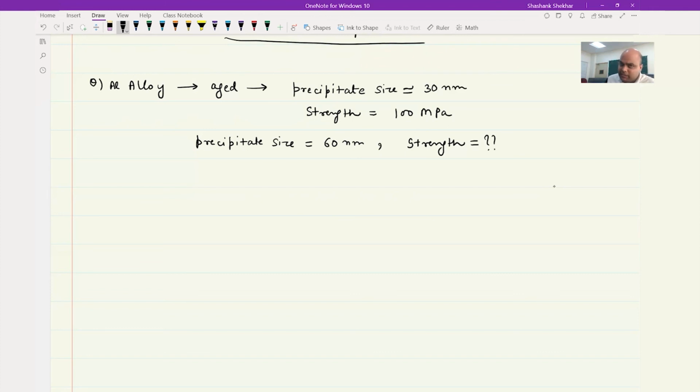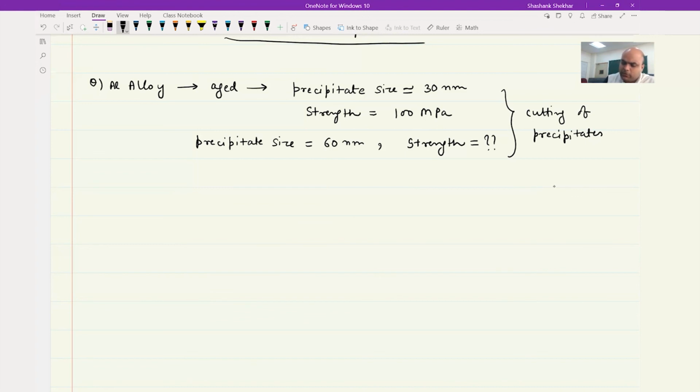You are changing the aging condition, and because of that, the precipitate size is changing. So strength is 100 MPa when the precipitate size is 30 nanometer, and if the precipitate size is 60 nanometer, what is the strength? And you are assuming that you have cutting of precipitates. This means it is on the left side of the peak age condition.